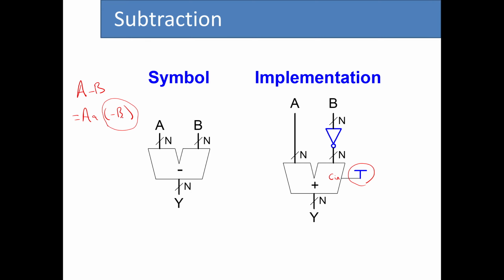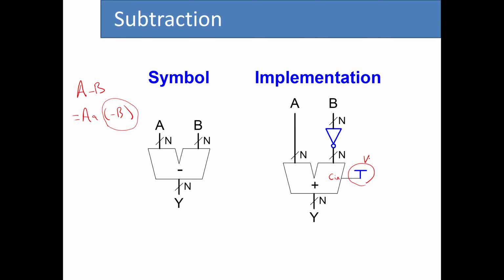Flipping can be done using inverter gates. But for that addition, instead of using another multi-bit adder, we can just put the carry in for the first, or the least significant, bit to be 1.